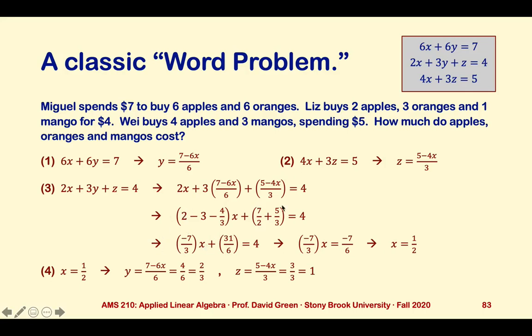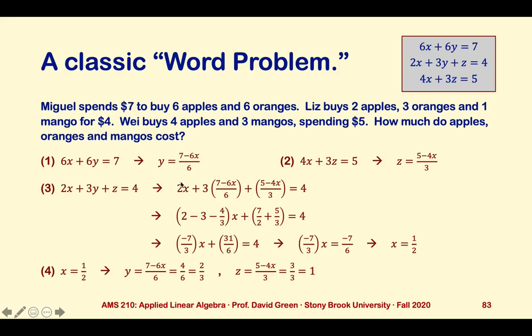So just to walk through that, 2x: for the terms that have x, there is a 2. 3 times negative 6x over 6 is negative 3. Plus 1 times negative 4x over 3 is negative 4 over 3. These are the terms that have x.